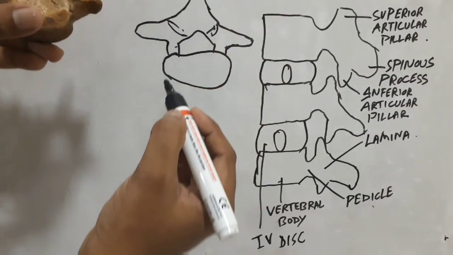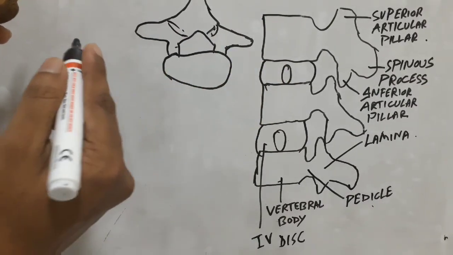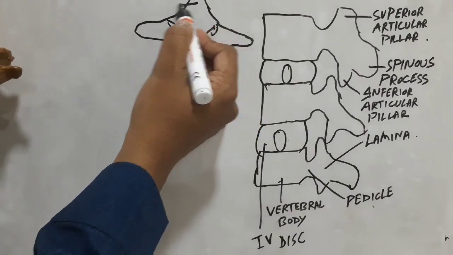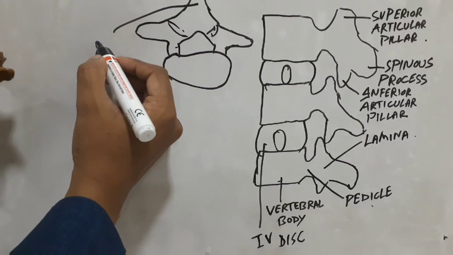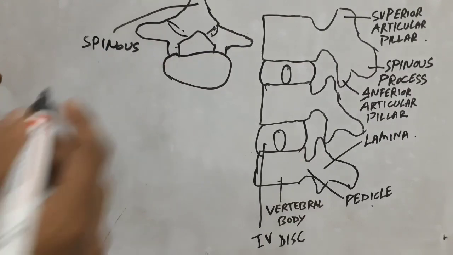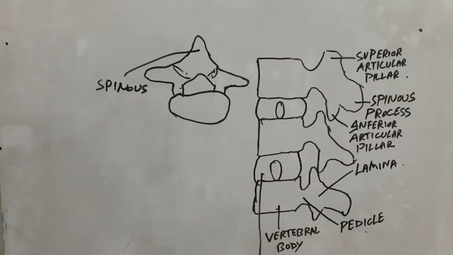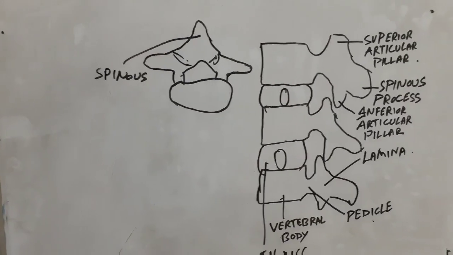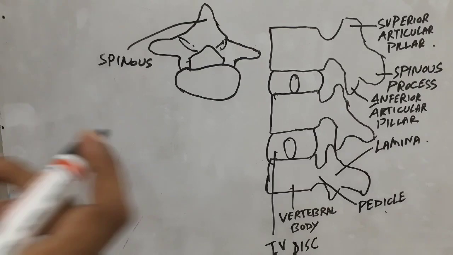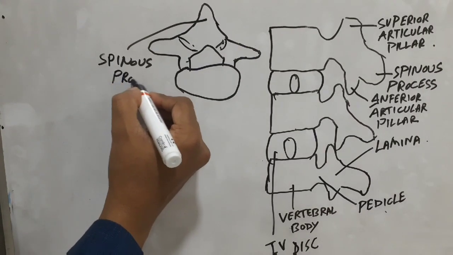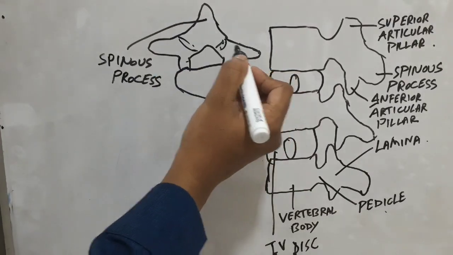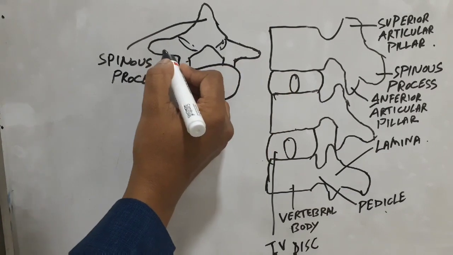So again, name the parts. This is spinous process. I think it looks sharp. This is nothing but spinous process. Transverse process.